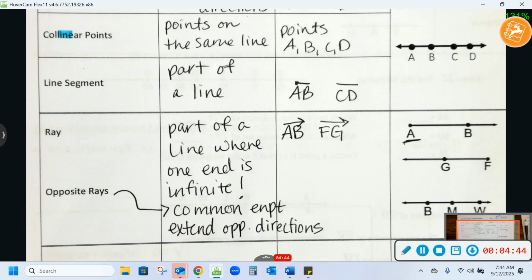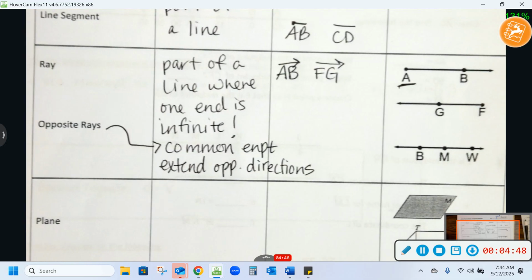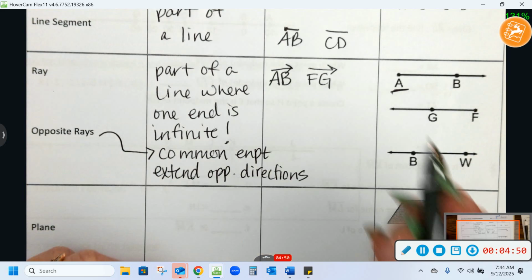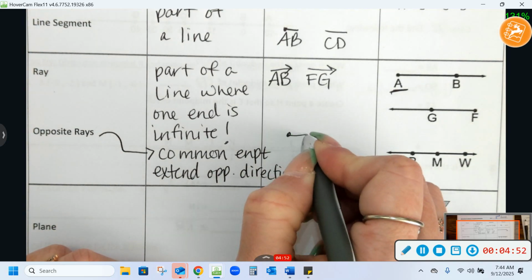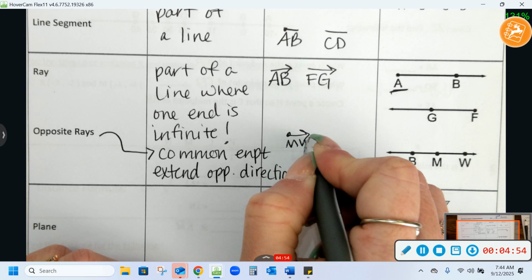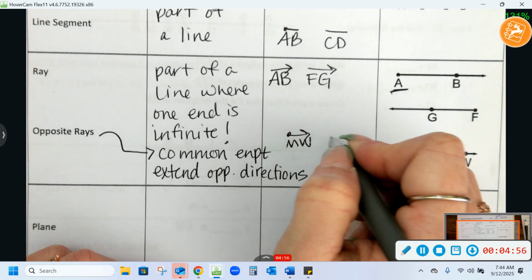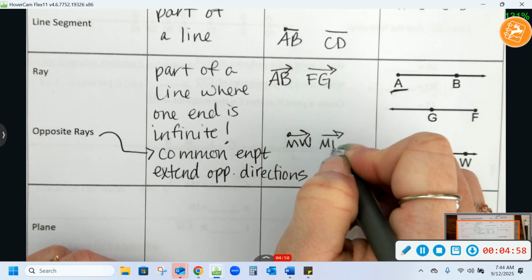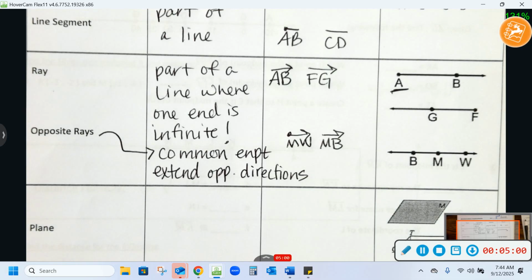Common endpoints extend in opposite directions. So what does that look like? Opposite rays over here would be MW and MB. So their common endpoint right there, M, and then go in opposite directions. Opposite rays.